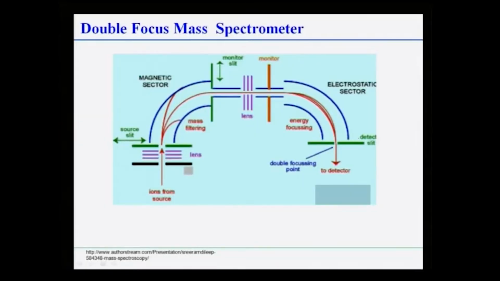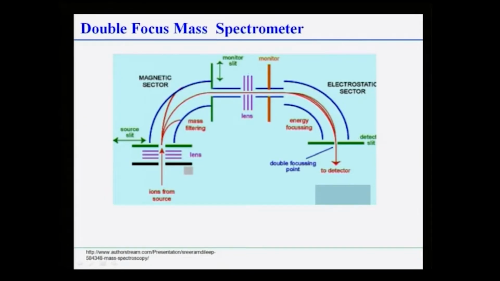Next one, which is also widely used for quite some time, is known as the double focus mass spectrometer. What is a double focus mass spectrometer? Well, the single focus mass spectrometer you have seen; here we are using two focusing elements.